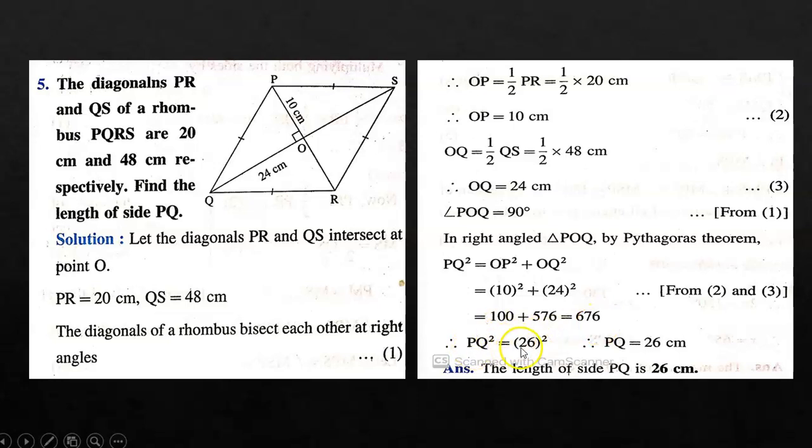By taking square root on both sides, I get PQ is equal to 26 centimeters. And PQ is side of the rhombus. So length of side of rhombus PQ is 26 centimeters.